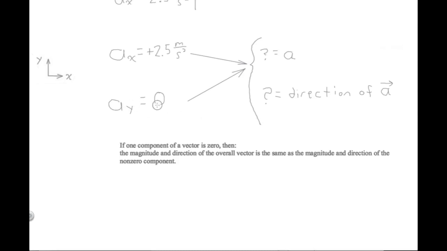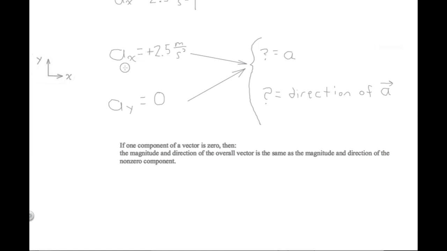When the y component here is 0, and when one of the components of the vector is 0, then the overall vector is basically identical to the non-zero component. So since the y component here is 0, our overall vector will have the same magnitude and direction as the non-zero component.